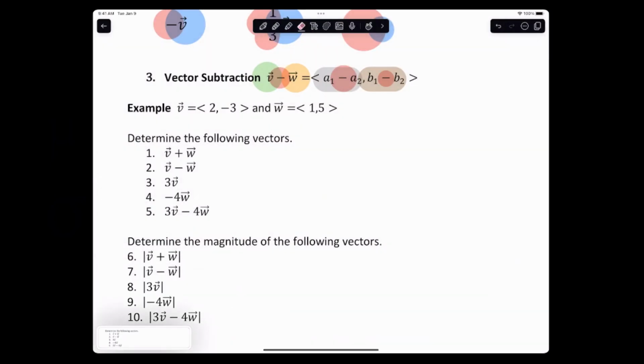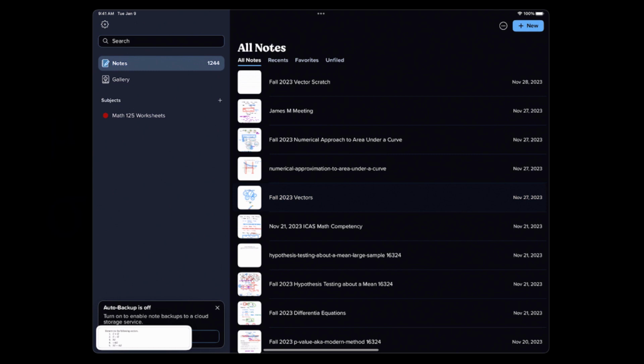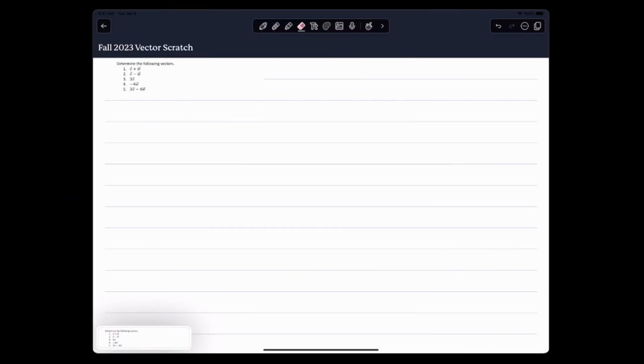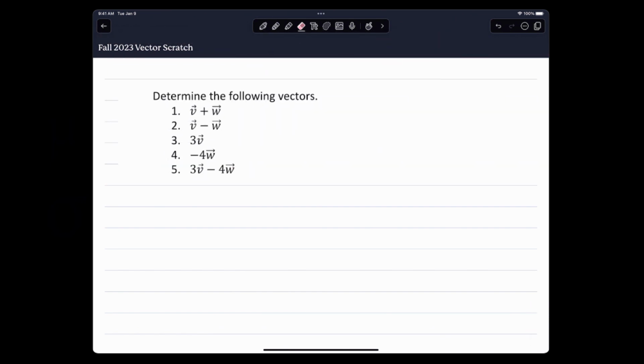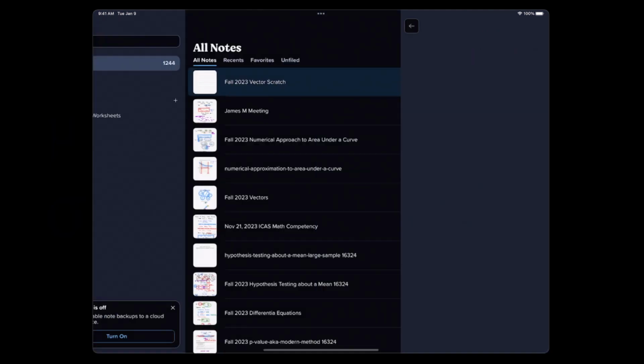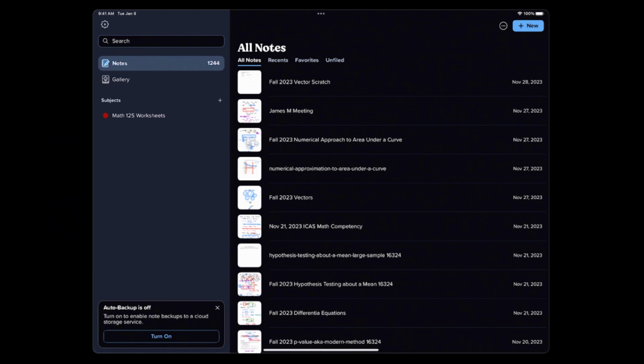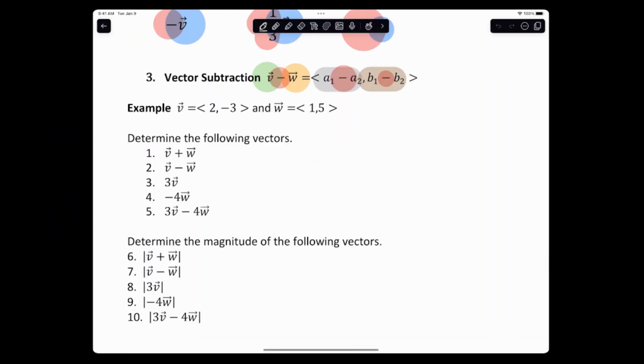So it's now in vector scratch. Let's go to vector scratch. There you are, vector scratch. Okay. And what was vector v? Do you guys remember? What was the definition of v? Do you guys remember in the notes? Because I should have brought that with my scratch. V. Yeah, how about if we do this? Can we do that?